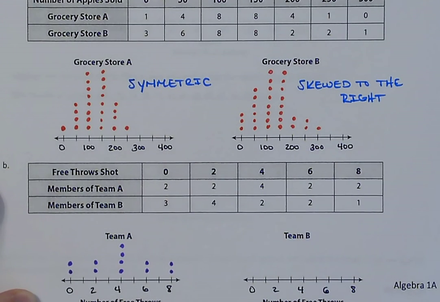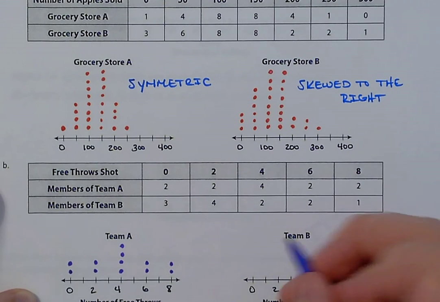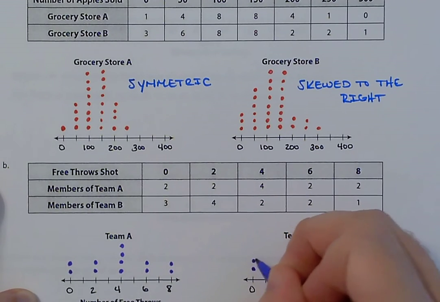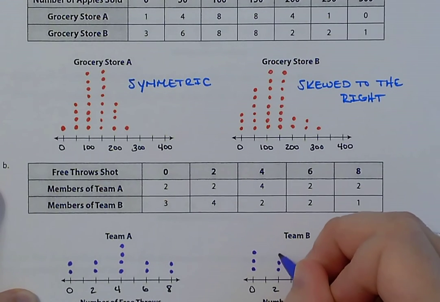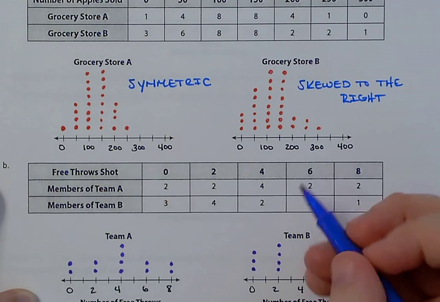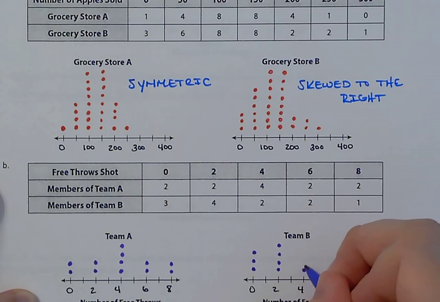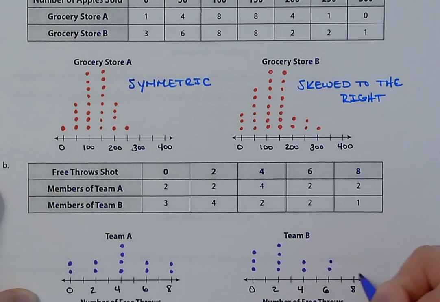All right, then for team B, we have 3 at 0, 4 at 2, 2 at 4, 2 at 6, and then 1 at 8.